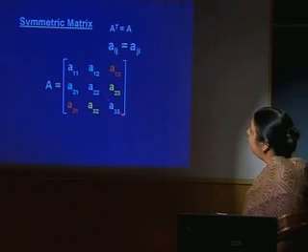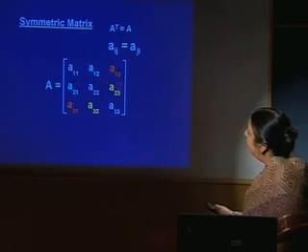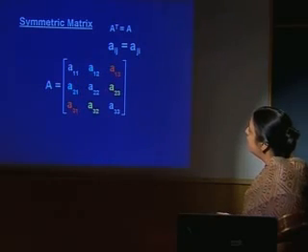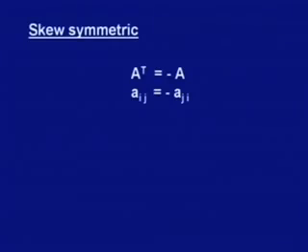So this is the diagonal, and these are the elements below the diagonal, and these are the elements above the diagonal. So the elements are mirror images. This element is the same as this, this element is the same as this, this element is the same as this. So this is the typical property of symmetric matrices.